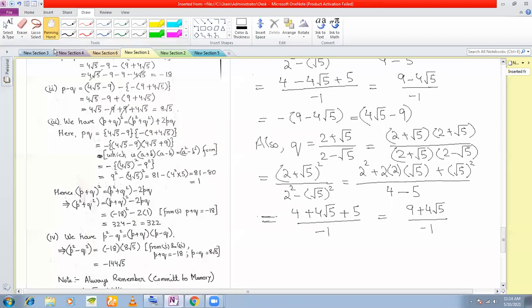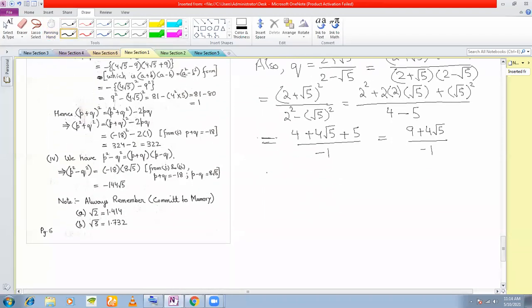Now you take the negative sign to the numerator, you get minus of 9 plus 4 root 5, because here I had a bracket. If you open this bracket, you get minus 9 minus 4 root 5. So we've got the value of p as well as the value of q.